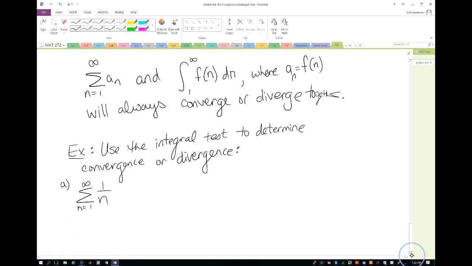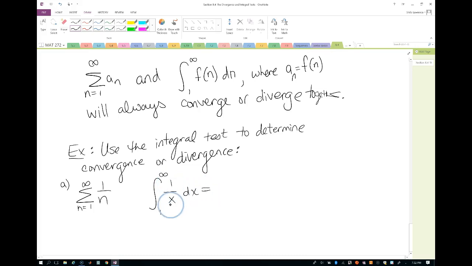We can show with an integral that this harmonic series is divergent because it's going to do the same thing as the integral from 1 to infinity of 1 over x dx. 1 over n and 1 over x represent the same values. We're just using a different variable or index.